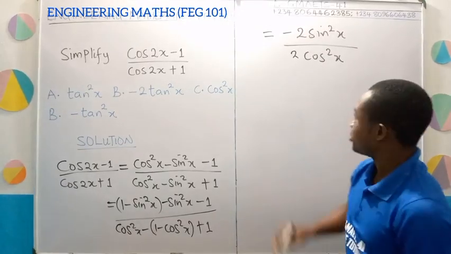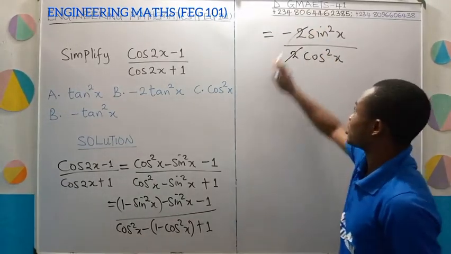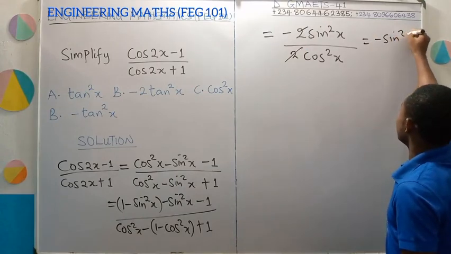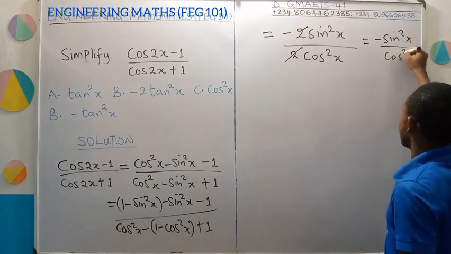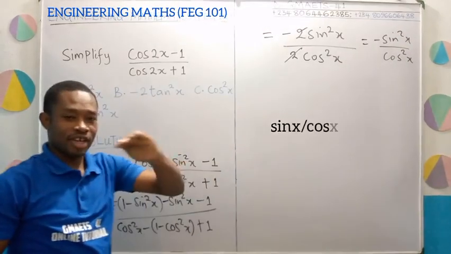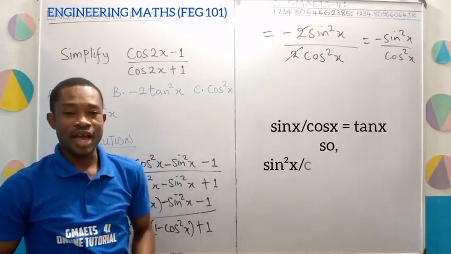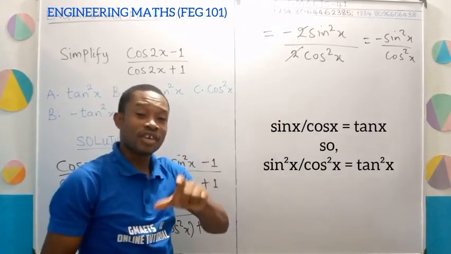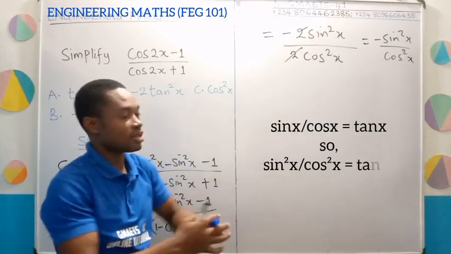Correct. Now if you look at this, you'll agree with me that these 2 will cancel out. And of course, once it cancels out, we have negative sine square x all over cos square x. I'm going to tell you something now. Sine divided by cos would give us tan. And therefore, sine square x all over cos square x would give us tan square x.